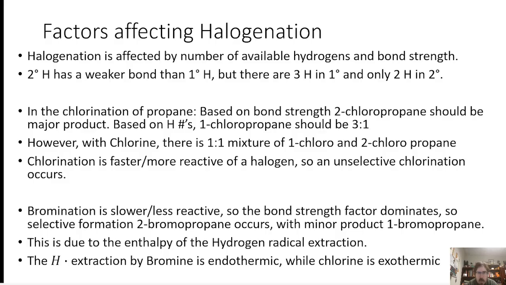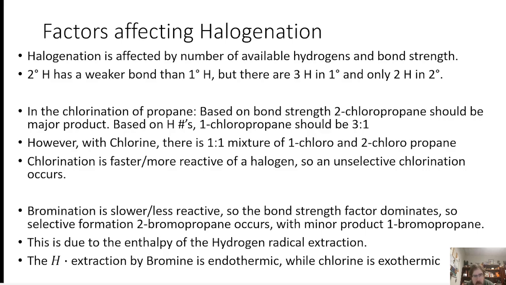So when we do bromine, it's less reactive, and so the bond strength factor dominates, and so we get a favoritism of just the secondary attack. So we just see 2-bromopropane, and only a minor product of 1-bromopropane instead of the 50-50.